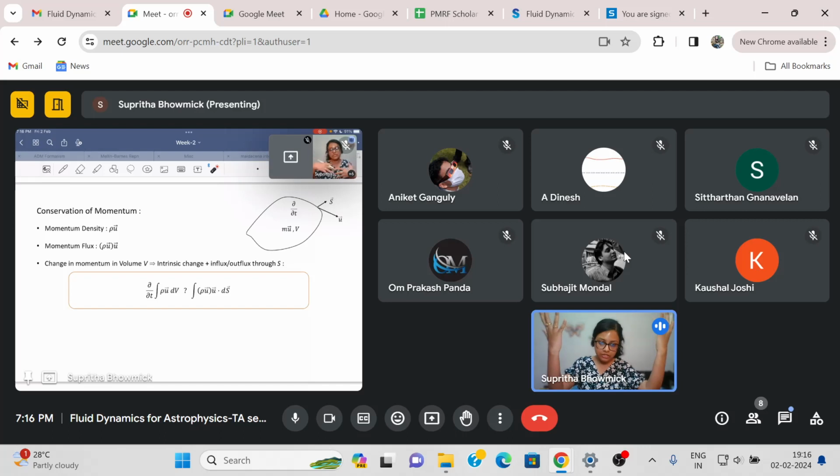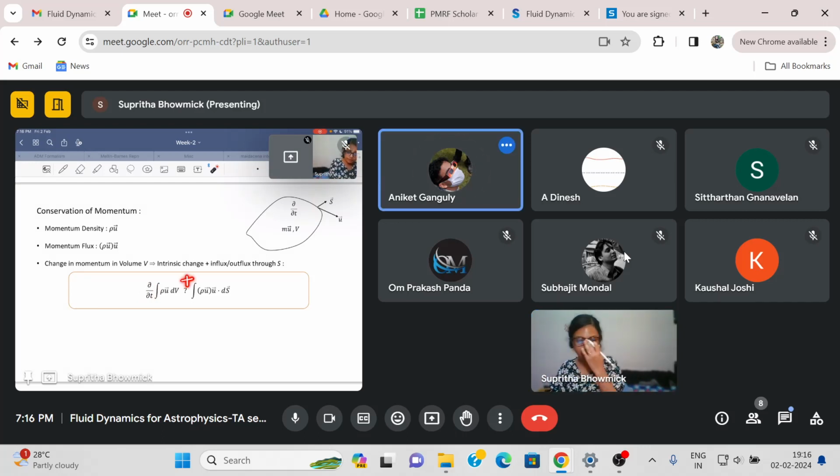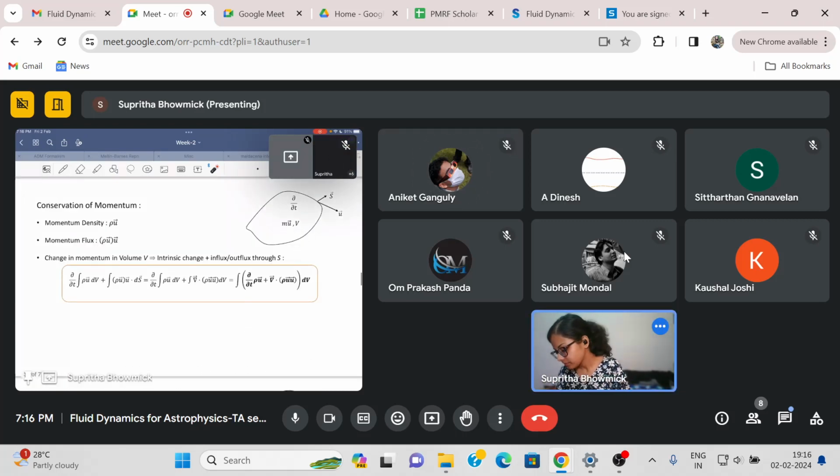If there's outflux of momentum through this volume, then the volume V loses momentum density, right? So del T will be negative. If it were gaining momentum, it would be positive, right? That's why this has to come with a plus sign. Okay, good, very good.